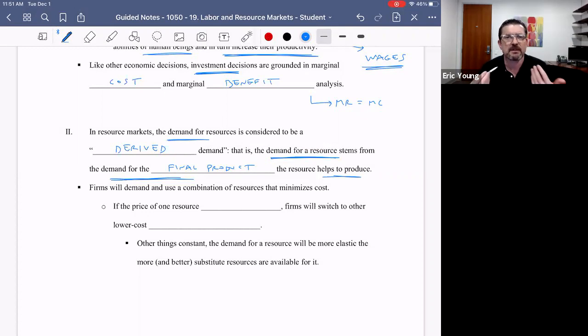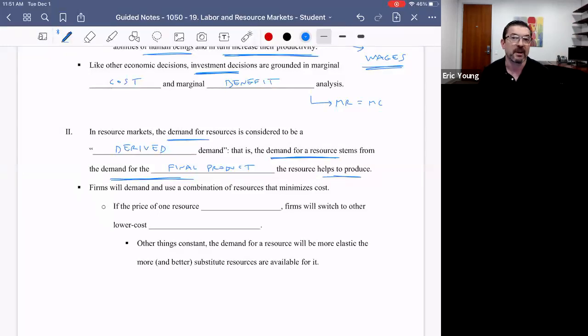Okay, the same thing can be said about people like me. The demand for economics professors is going to stem directly from the overall society demand for thrilling lectures on economic theory. If, for example, society demands more economics lectures, who knows why, but if they did, the demand for the professors that can give those lectures goes up.